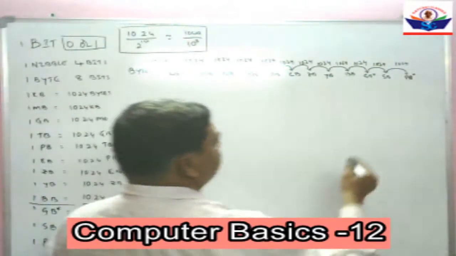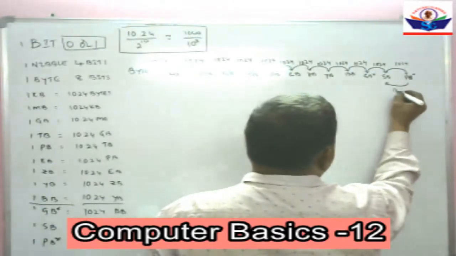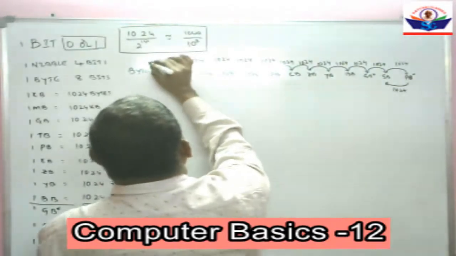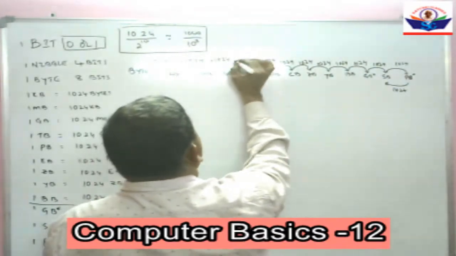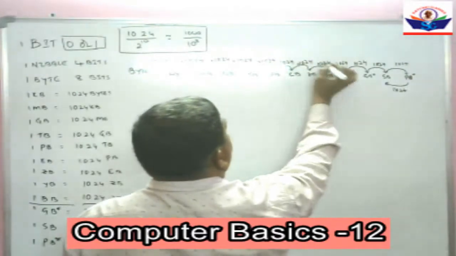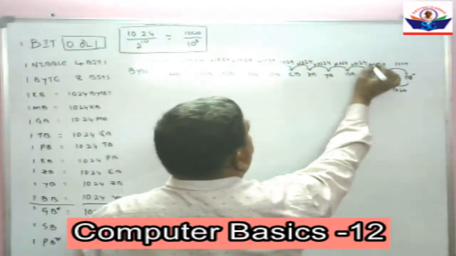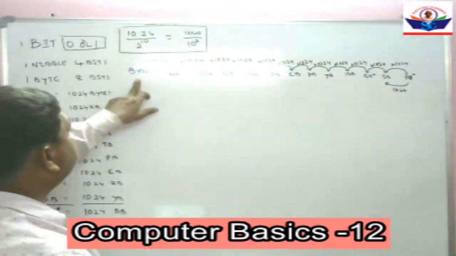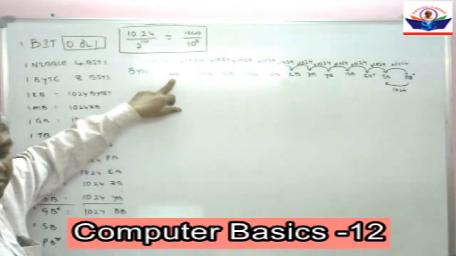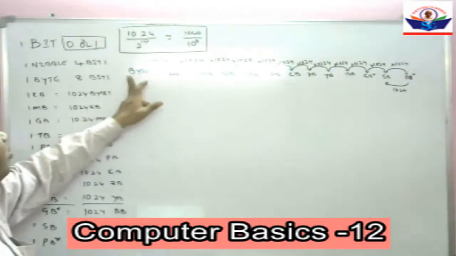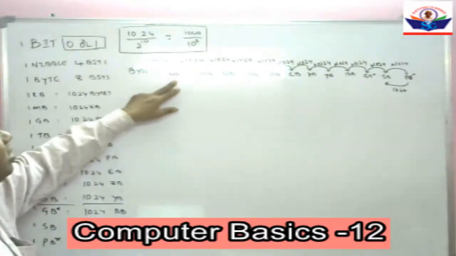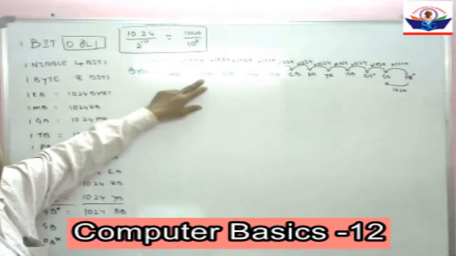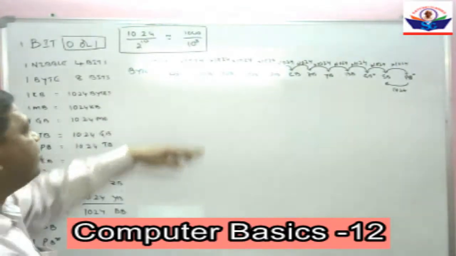Again, if we divide by 1024, it will convert to the lower level. If you multiply byte with 1024, it will give kilobyte. If you multiply KB with 1024, it gives megabyte. Go to higher level.